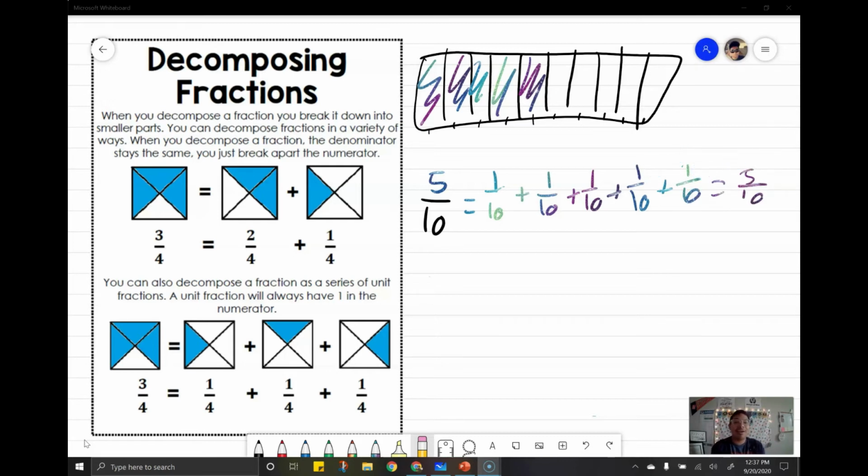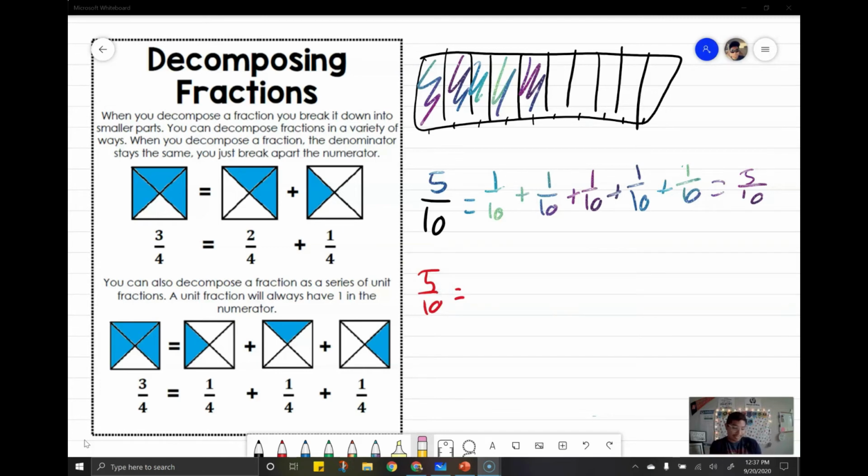Go ahead and find out another way I can decompose this fraction, 5/10, okay? We're going to see if we got the same thing. Go ahead and figure it out. Okay, let's see what you got.